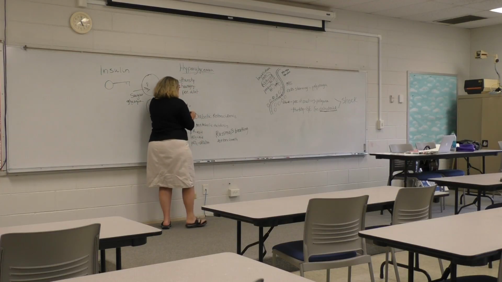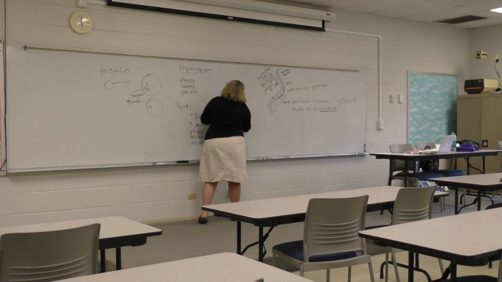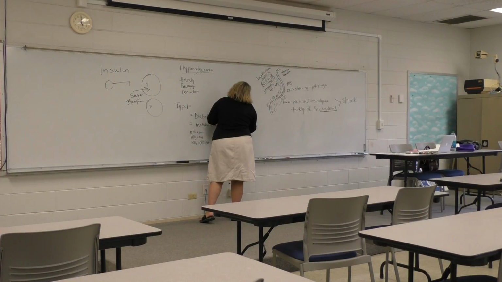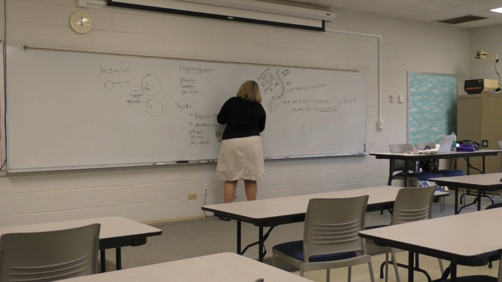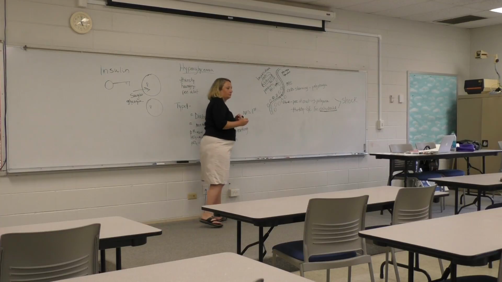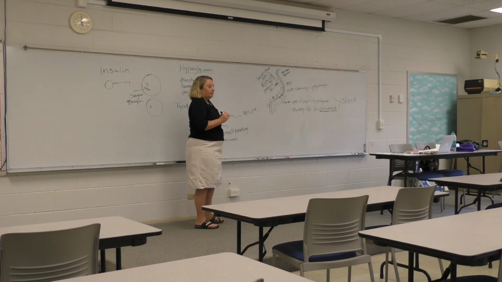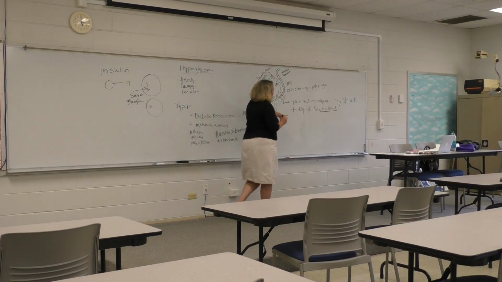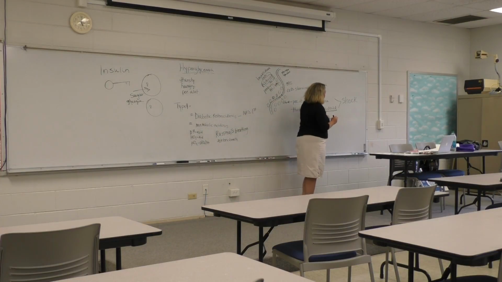Type 1, how do we treat this diabetic ketoacidosis? We're going to give IV fluids first. I know that doesn't make sense. So they need IV fluids first because they're so dehydrated that they're going to go into shock. They need fluids.